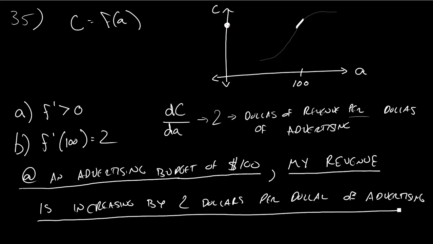And this is great for the company, because they can put $1 in. If they've spent $100, they can put $1 in and get $2 out, right? Basically, I spend another $1 on this cereal box advertisement, and then $2 more come in. Some people come in and buy cars. That's a good thing. I should still be putting money into advertising at this point, because I'm getting more money out than I put in.